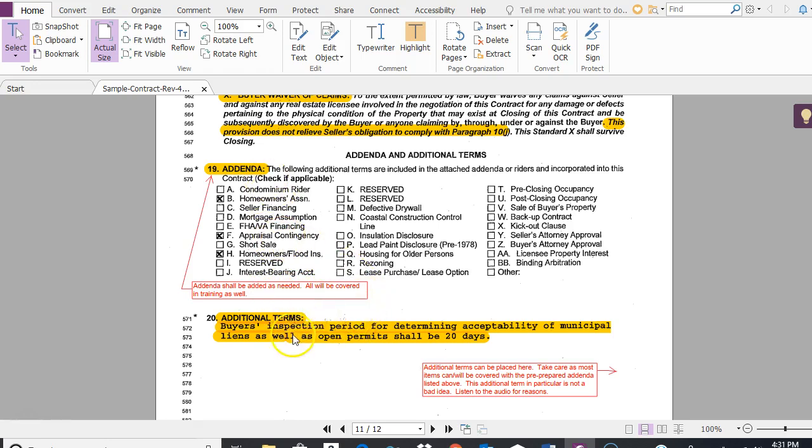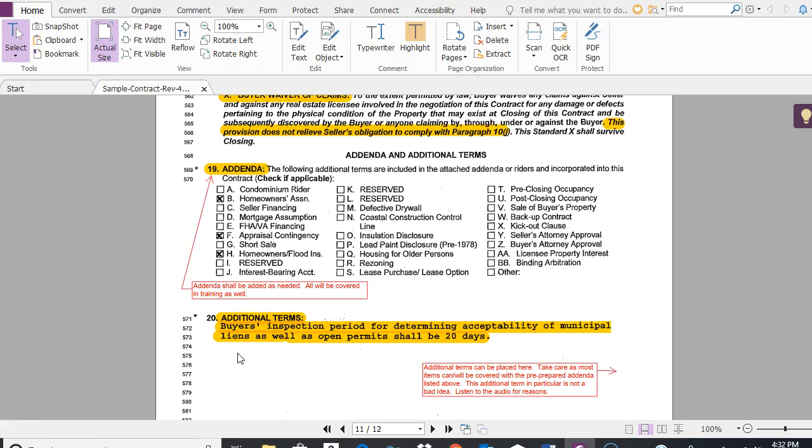Then in paragraph 20 is where we write additional terms. A lot of times here is where you're going to see that the seller shall contribute 3% of the purchase price toward the buyer's closing costs. Remember, if you're going to use that, the verbiage is: seller shall contribute 3% of the purchase price toward the buyer's closing costs.